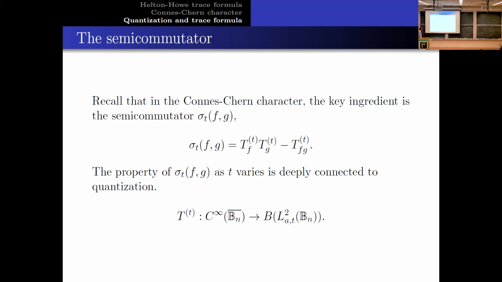So we can view this T map as the map from functions on the ball to operators on this family of Hilbert spaces parameterized by T. And actually, in the Toeplitz quantization theory, you can think about this T as related to 1 over h bar. And when T goes to infinity, you think about h going to 0.